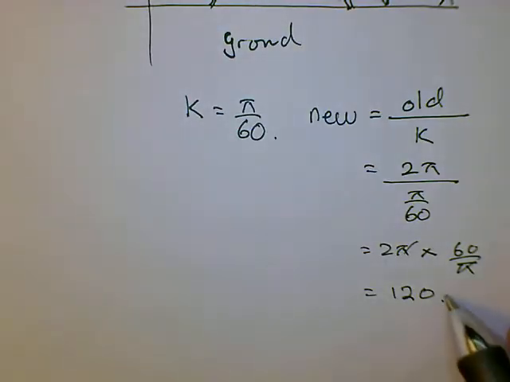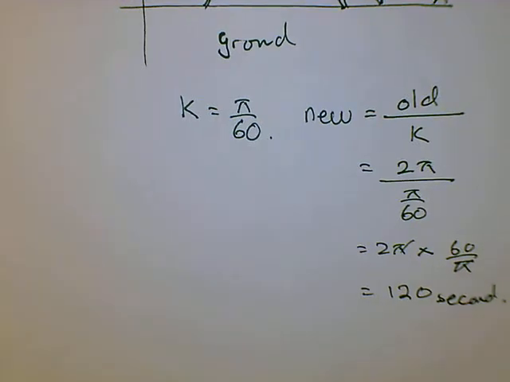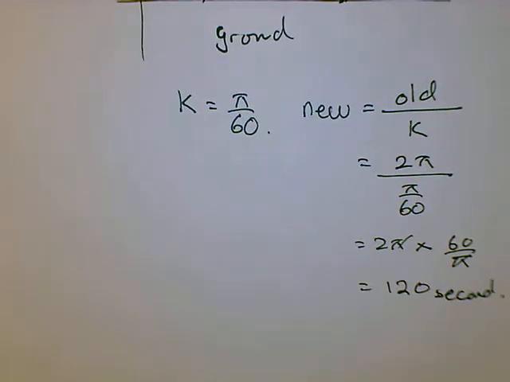The new period is 1 full revolution in 120 seconds. That's either really fast, really slow, or a really big Ferris wheel. It takes 2 minutes to go through the entire thing. Okay, so just some fun facts, just a quick link to our transformations.